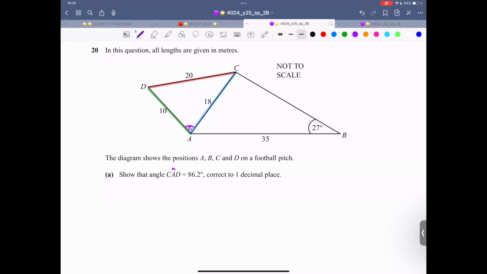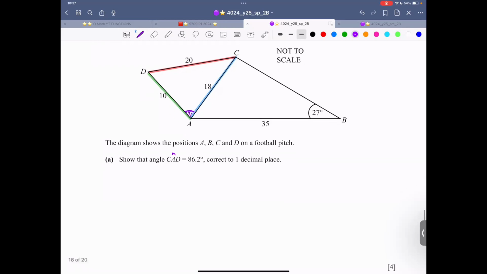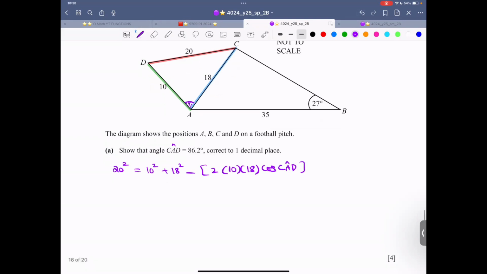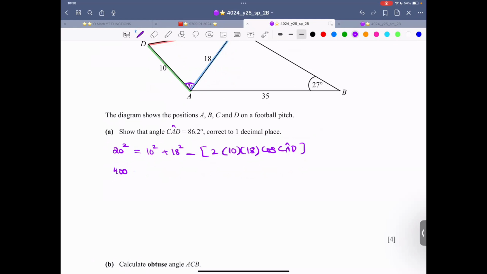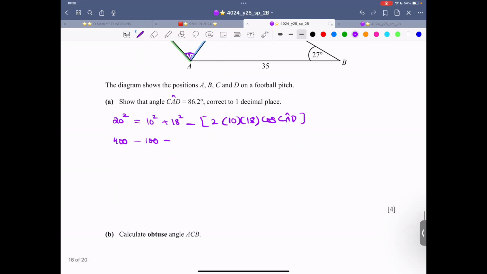Okay, no issue. So we have to use the cosine rule from this perspective. 20 squared is 10 squared plus 18 squared minus 2 into 10 into 18 into cosine of CAD. First simplify, 400 minus 100. What is 18 squared? 18 into 18, that is 324.